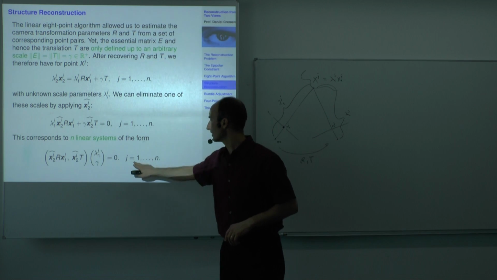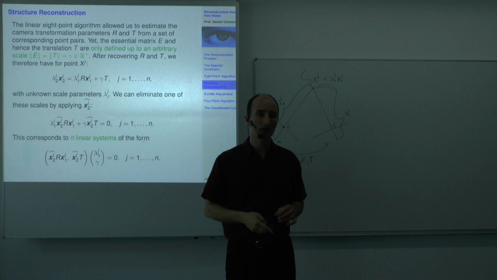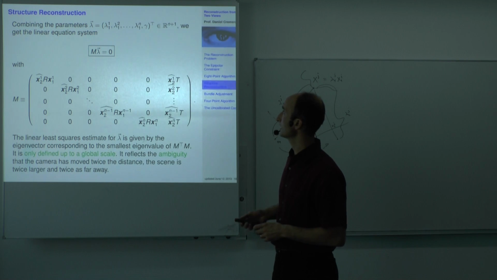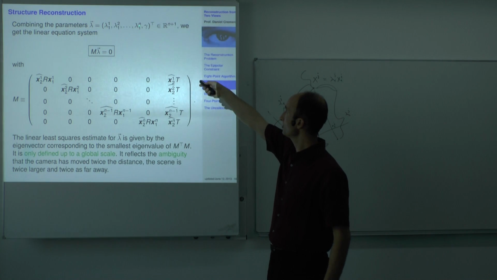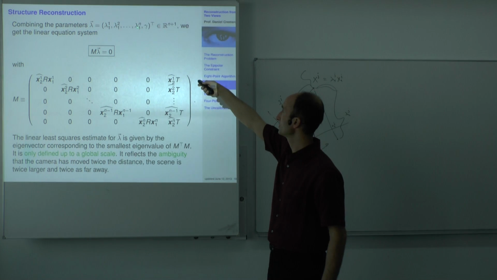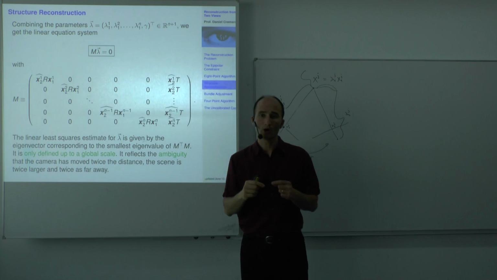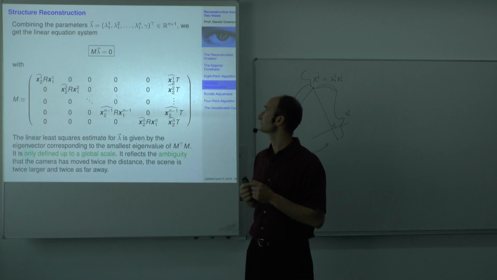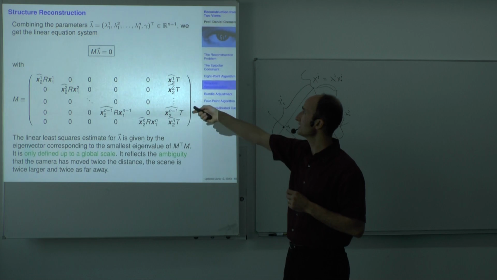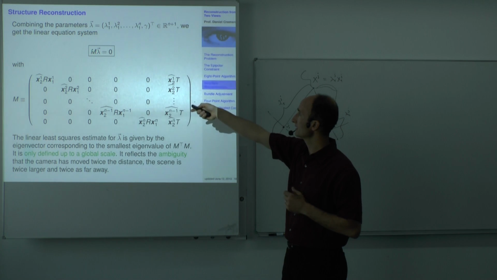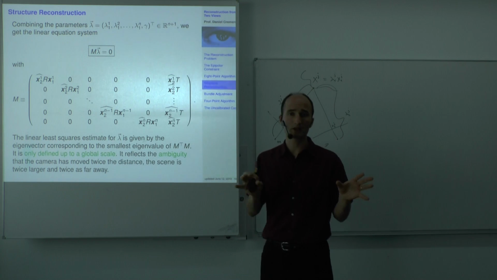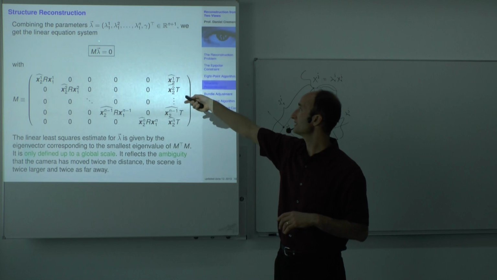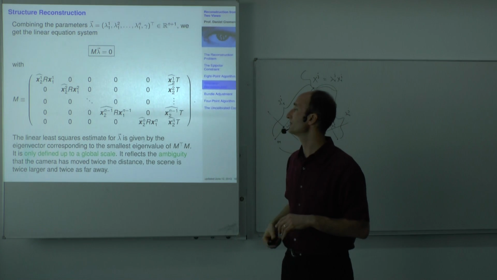We can do that for all n points, and in fact we can combine all these equations into one big equation, and this is what it looks like. So now we do that for all n points. So we have lambda 1,1 to lambda 1,n. That is the depths of all points with respect to the first image. And then we see that we have a linear equation system combining all these linear equations into one big equation of the form M times that vector lambda is 0.